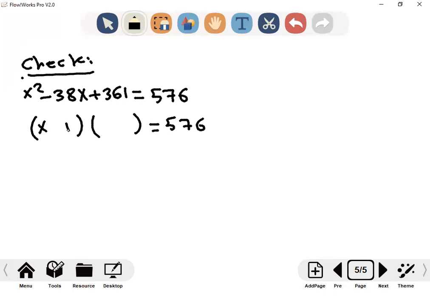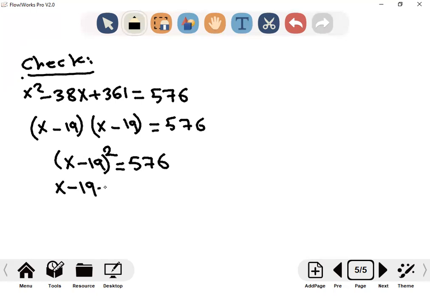If you try 19 together, both negative, 19 times 19 is 361, negative 19 plus negative 19 is negative 38. Now x minus 19, multiplied by itself, means power 2 equal 576. So x minus 19 equals plus minus the square root of 576.